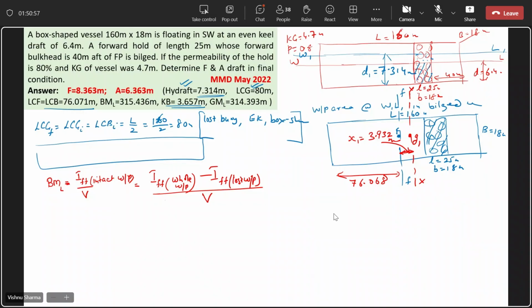Then next I ask the question, is FF a standard axis for the lost water plane? Answer is no. I identify the geometric center of the lost water plane. We already know the distance X from here to here. We draw an athwartship axis. We can call it YY. This distance X, we already know. How much X did you get earlier, guys, in LCB?